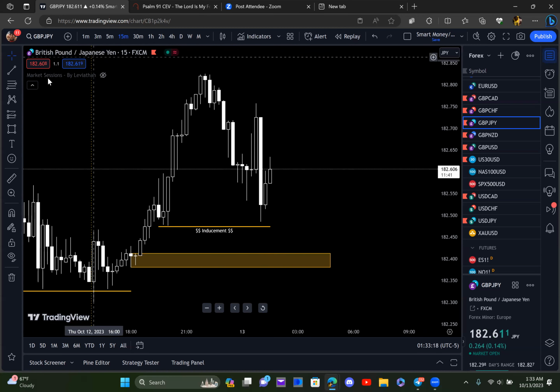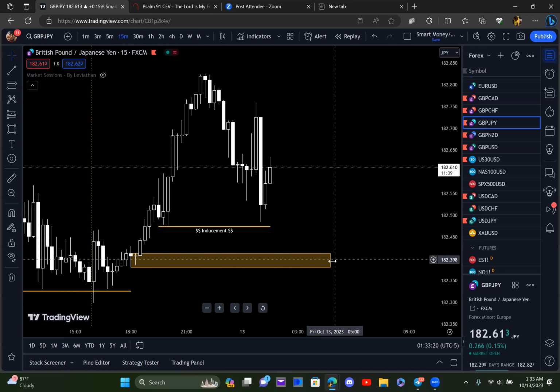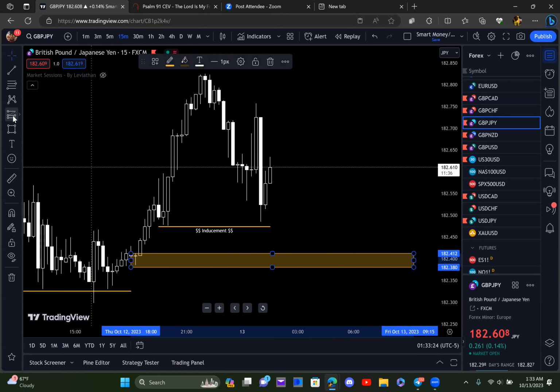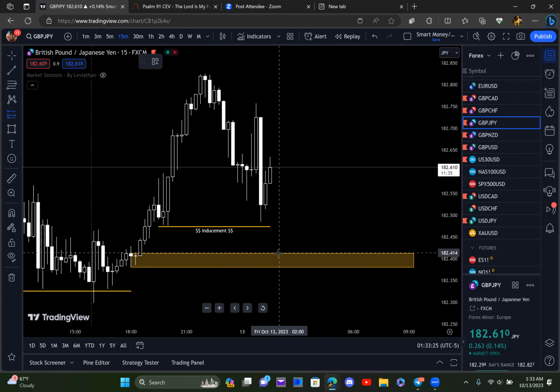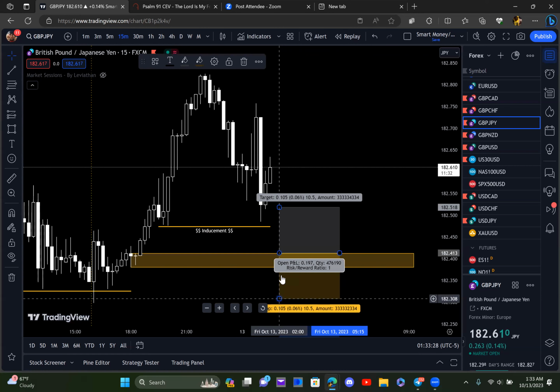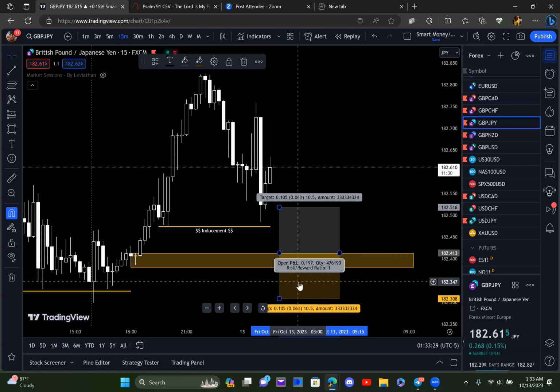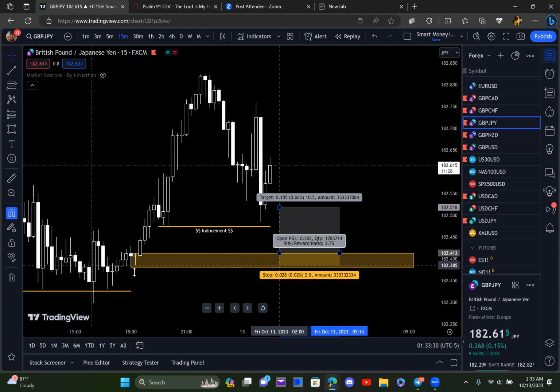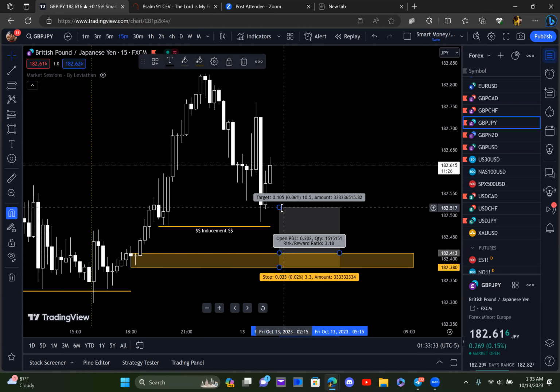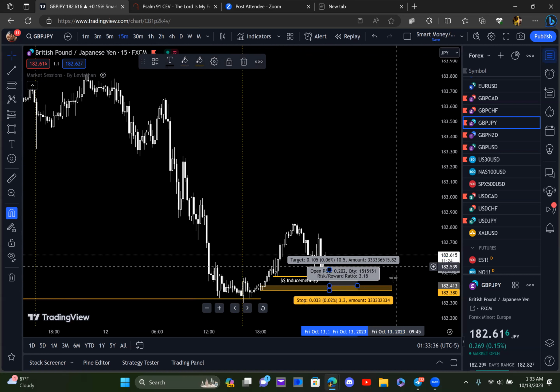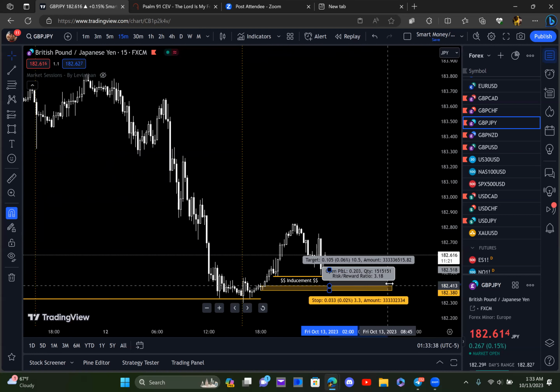So if I put my risk to reward tool on, this is what it would look like. Boom. High of that range, way up there, and stretch it out some. And look at that, 3.3 pip stop.